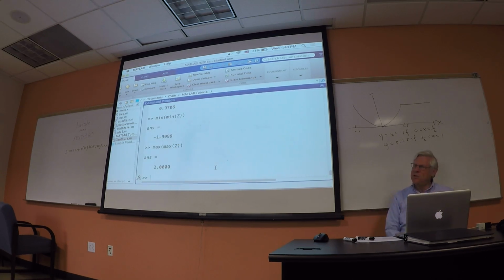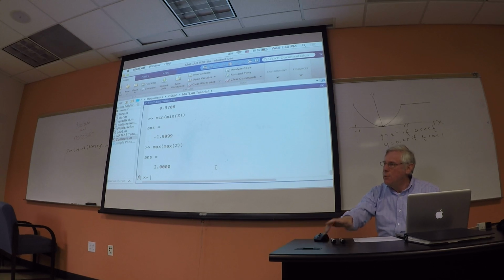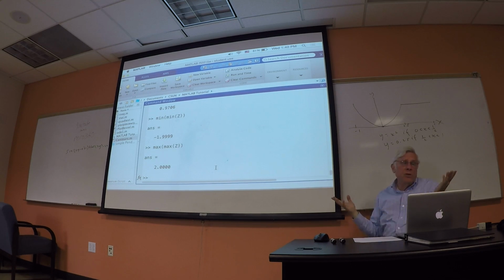So it's always minus 2 to plus 2. Okay. So each max takes it down a dimension? Yeah, if you have a matrix and you do max of that matrix, it'll give you the max of every column. You also can do things like max of absolute value if you're interested in that.